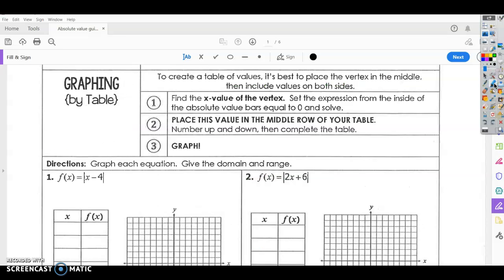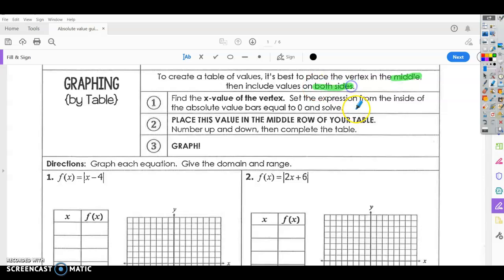All right, here are the steps in order to graph this equation using a table. To create a table of values, it's best to place the vertex in the middle. That's important. The vertex is the turning point. Remember, it's a V-shaped graph, so you want to place the vertex in the middle of the table and then include values on both sides.